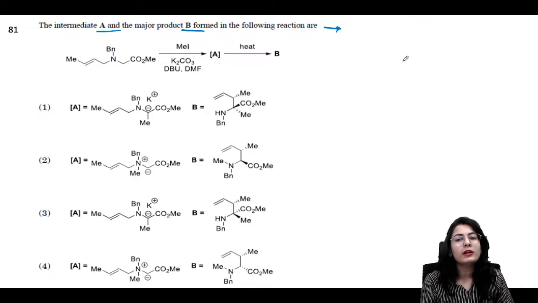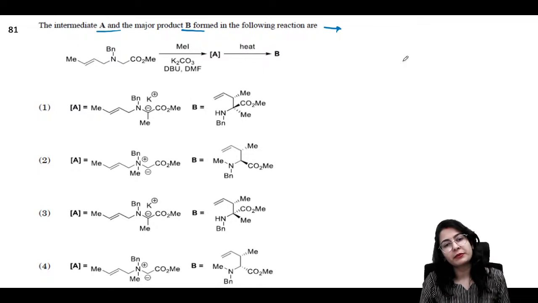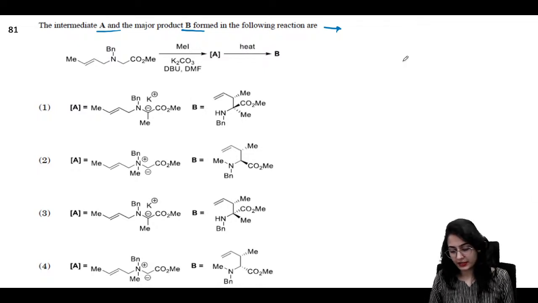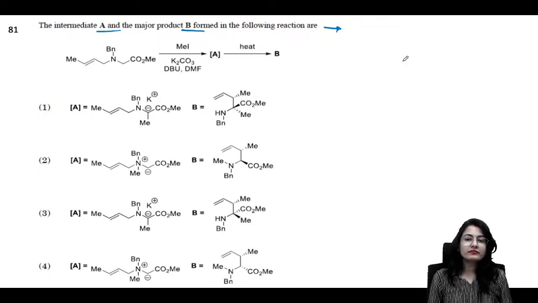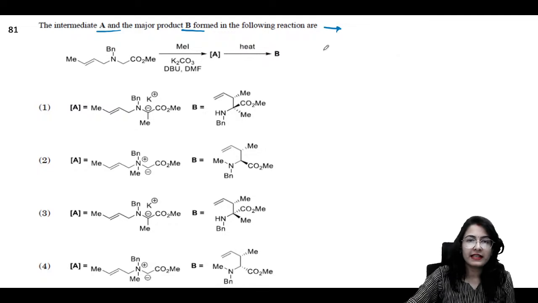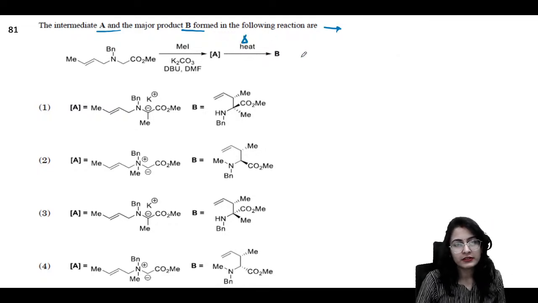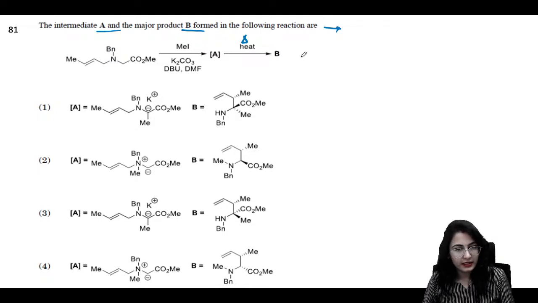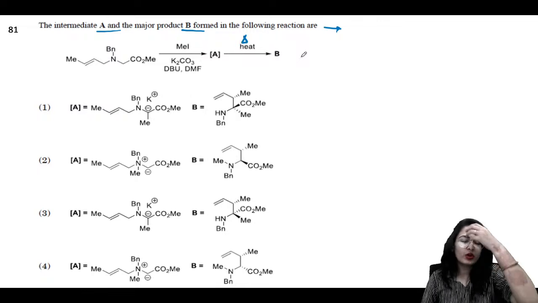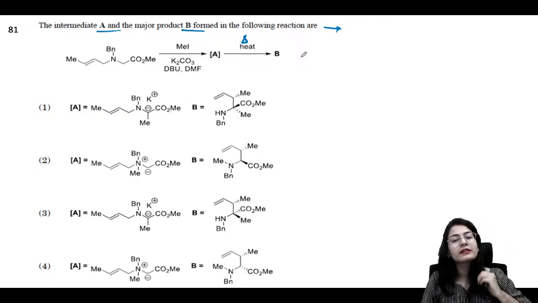Alright, so what kind of a reaction is this? Which reaction is involved here? Which pericyclic reaction? Alright, there is heat. What does this heat involve? Yes, try out everyone. This is a very easy question.